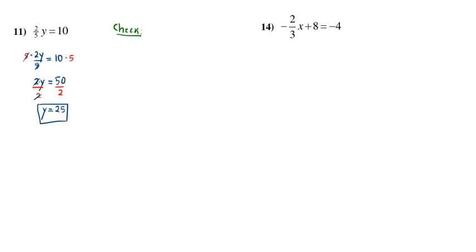And in number 14, we again have to remember that the variable belongs with the 2, with the numerator, and the negative, you can move it up or you could move it down to the 3, but I will move it to the 2. So this equation is the same as negative 2x divided by 3 plus 8 is equal to negative 4.